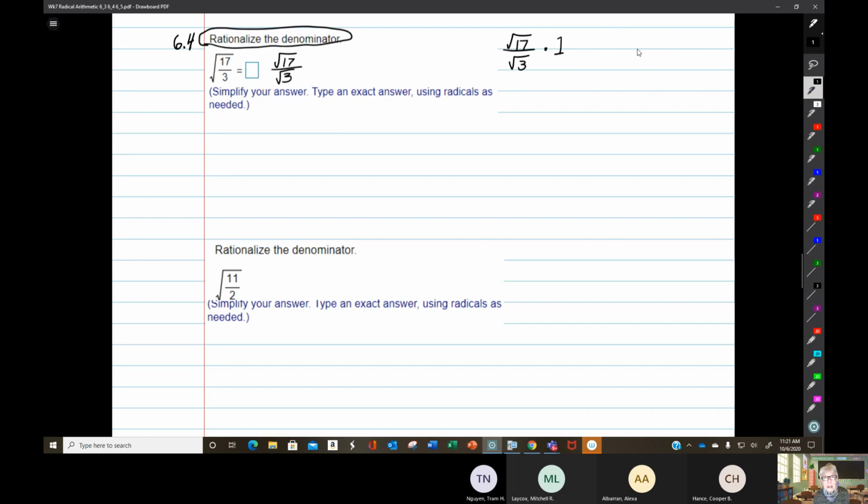Well, we all know that if you multiply the square root of 17 over the square root of 3, or any number, by 1, you just get the same number. But you can change the form when you multiply by 1.